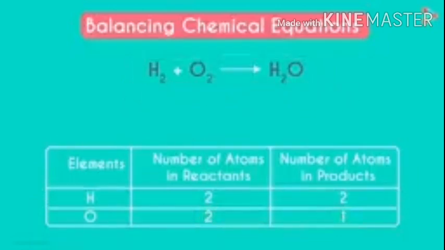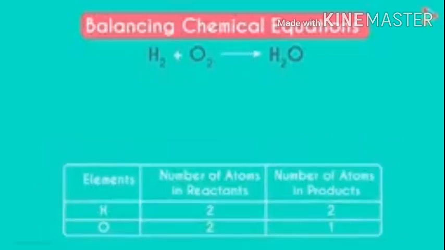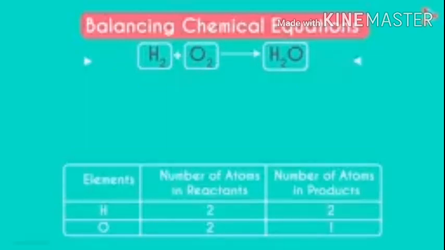The answer is yes. Let's go step by step and see how we can balance it. As a first step, it is always a good idea to draw boxes around each element or compound like this. Why did we draw these boxes? It's because nothing inside the box can be changed or altered when we are balancing the equation.